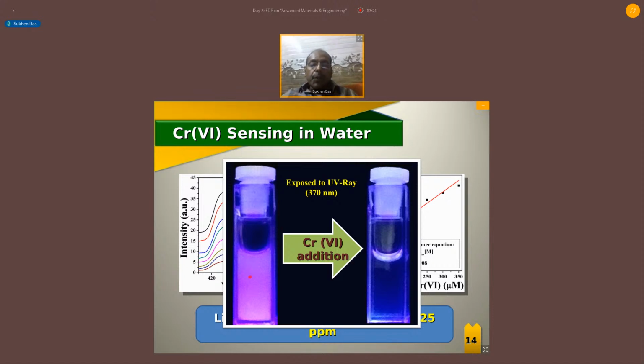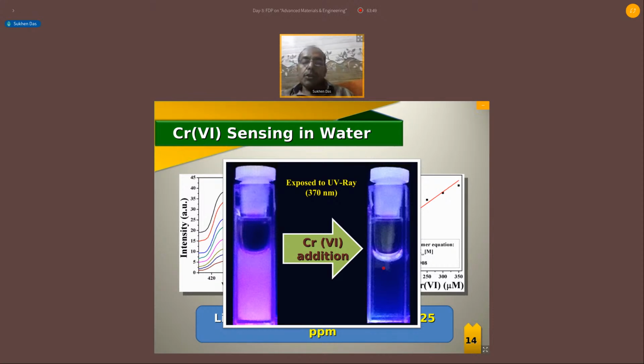But then we slowly added some chromium-6 in this solution. And as we are adding the chromium-6, we found that there was no fluorescence property. Fluorescence property is completely gone there. So how is this possible? How is it happening?